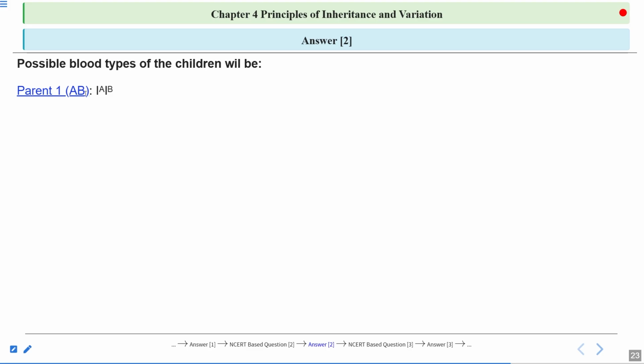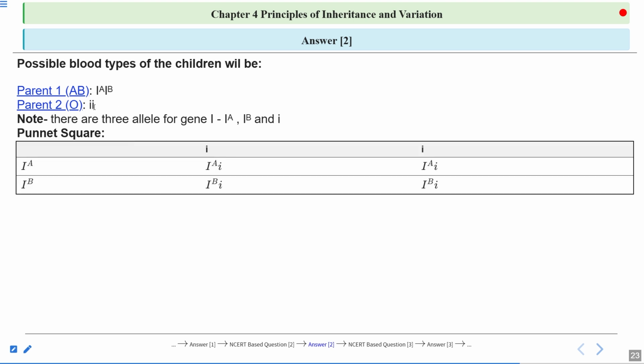The blood group of parent 1 is AB, so it has both the alleles, IA and IB. Parent 2 has O blood group, so it has small i alleles. Now you know there are 3 alleles for gene I: IA, IB, and small i. Now we can make the Punnett square here.